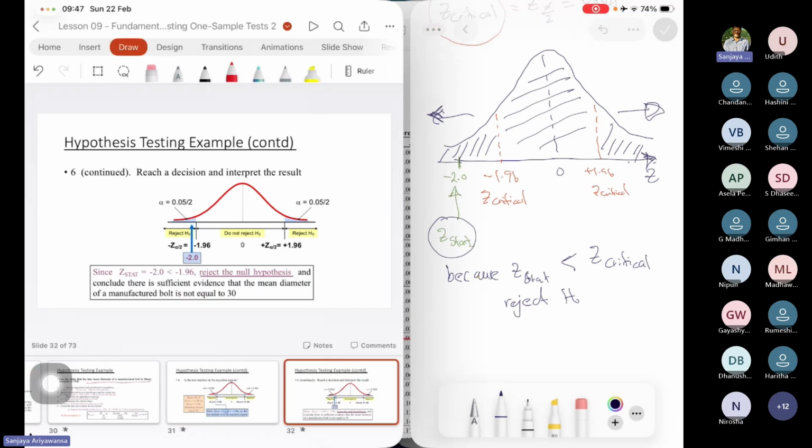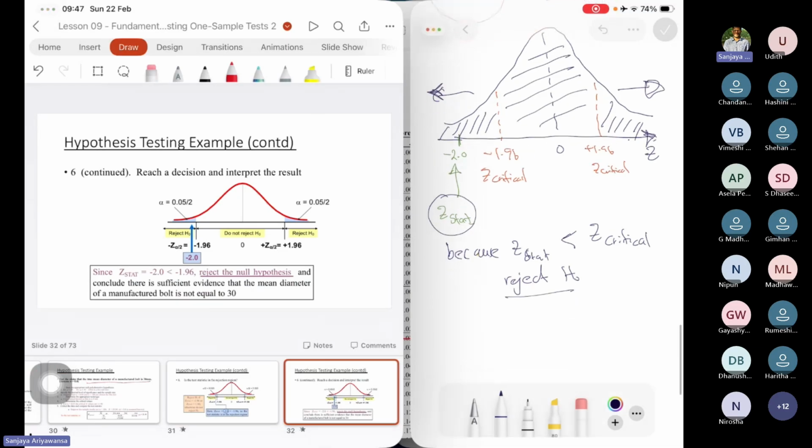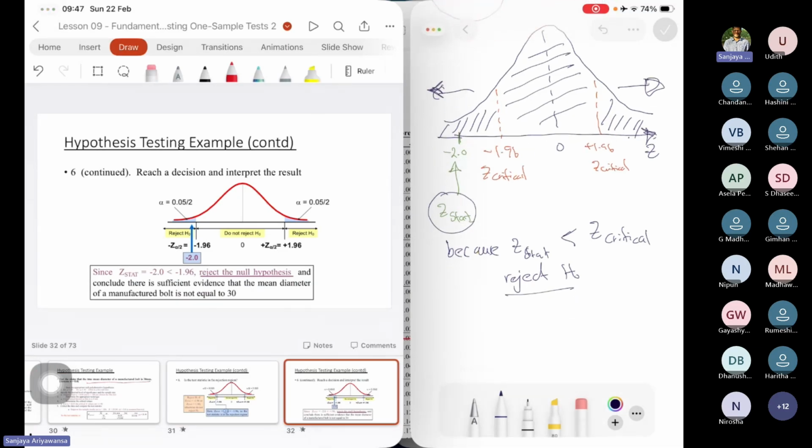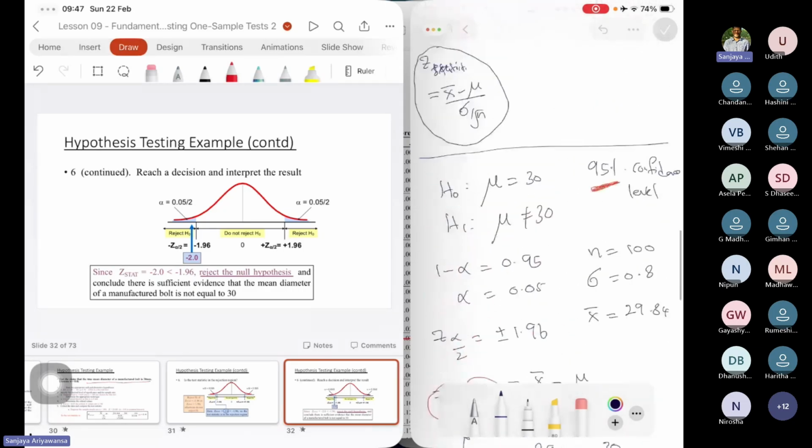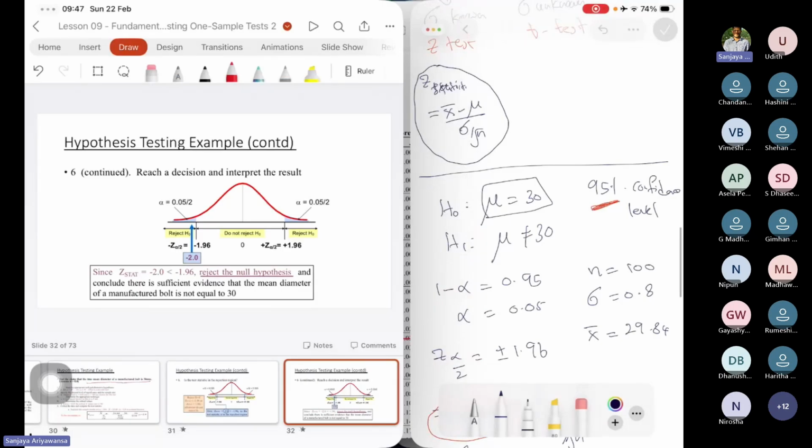But what does that mean? We don't stop here. We also say we reject the null hypothesis and conclude that there is sufficient evidence that the mean diameter of manufactured bolt is not equal to 30. Because what did our H naught say? We claim that mu is equal to 30, but now we are rejecting it. Why is that?